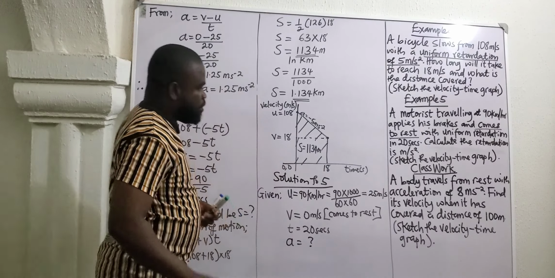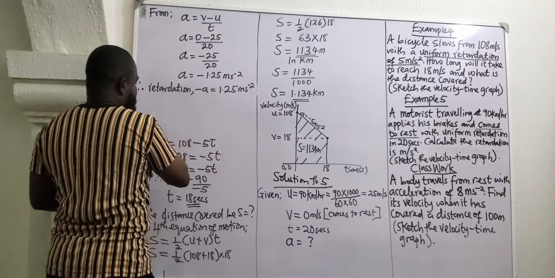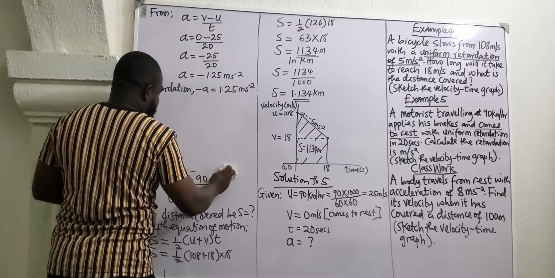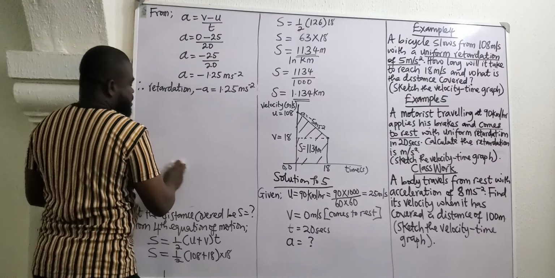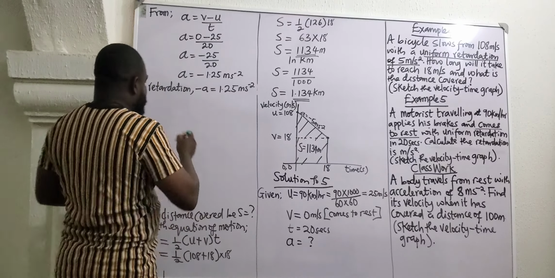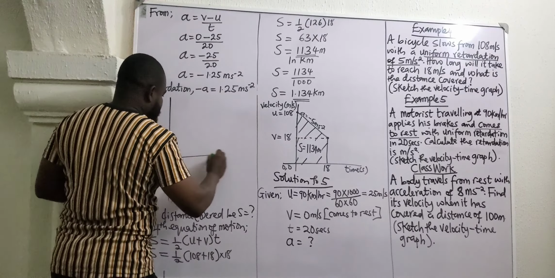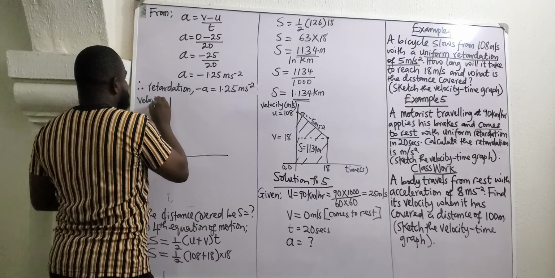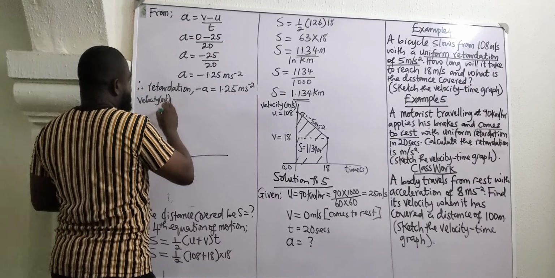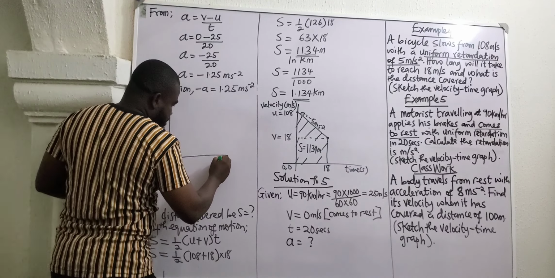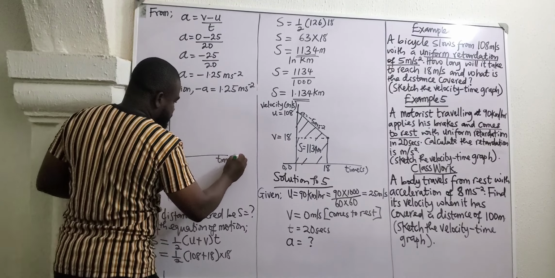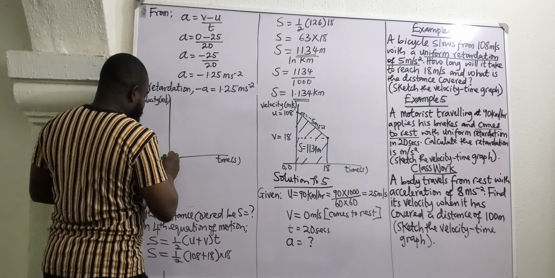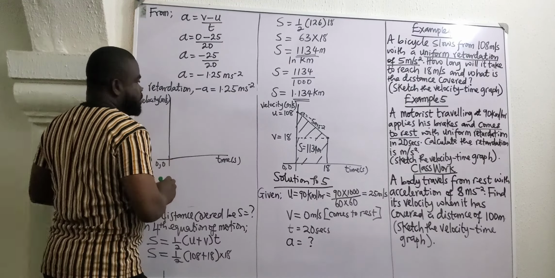Now we have the velocity time graph to sketch, which is pretty simple in this case. We have velocity in meter per second against time in second. Our origin is 0, 0.